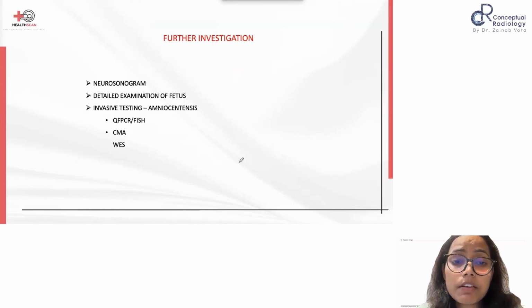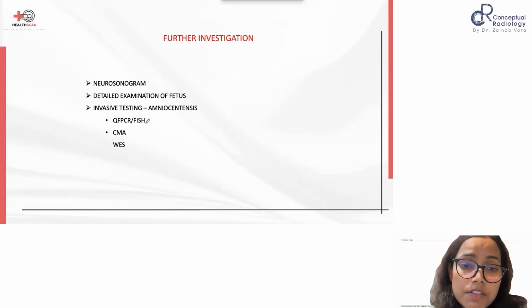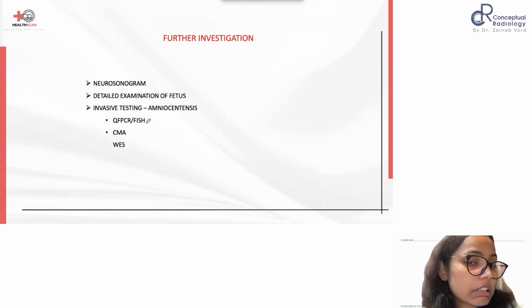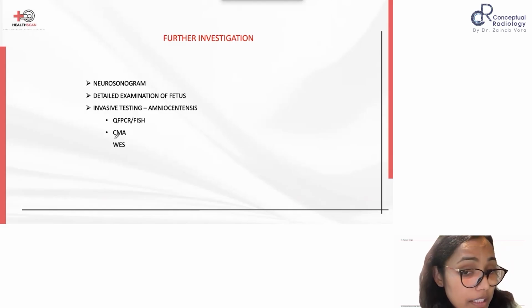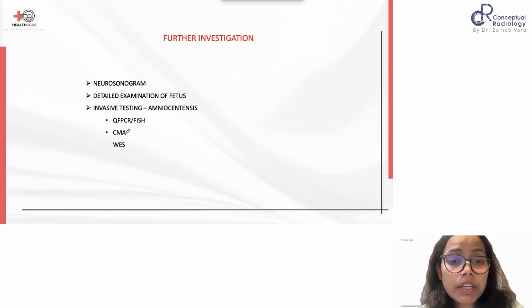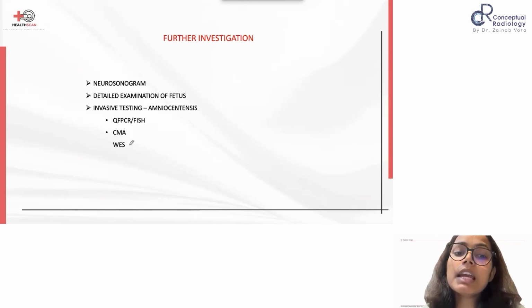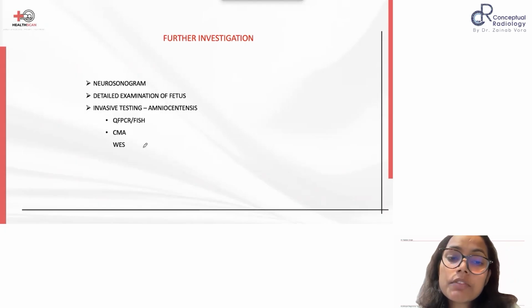This is a test commonly performed to rule out trisomy 21, 13, 18 and sex chromosome abnormality. With chromosomal microarray, we evaluate for smaller deletions and duplications, and then we advise exome sequencing, which we perform to rule out any disorders at the gene level.